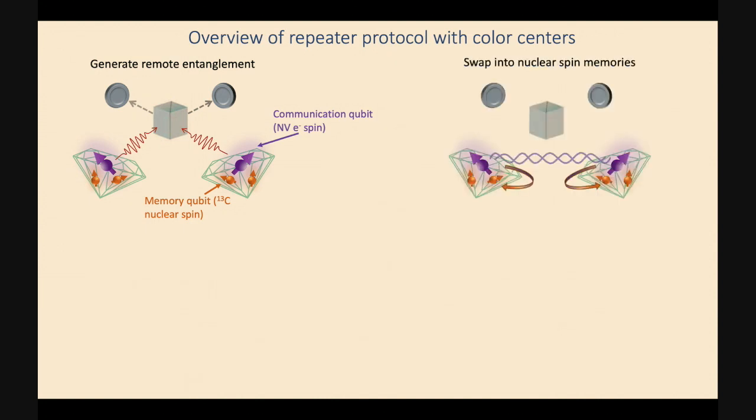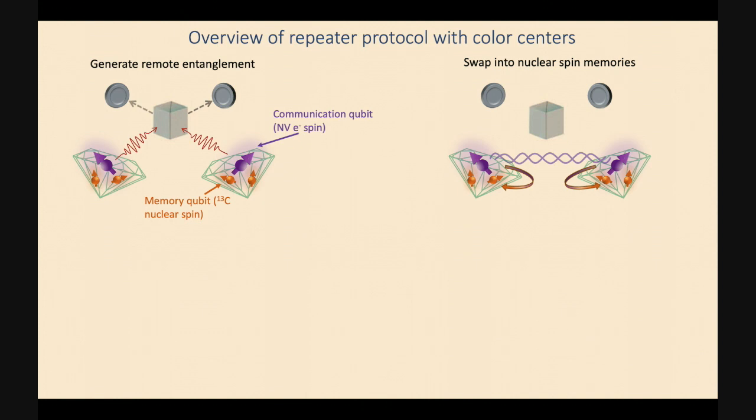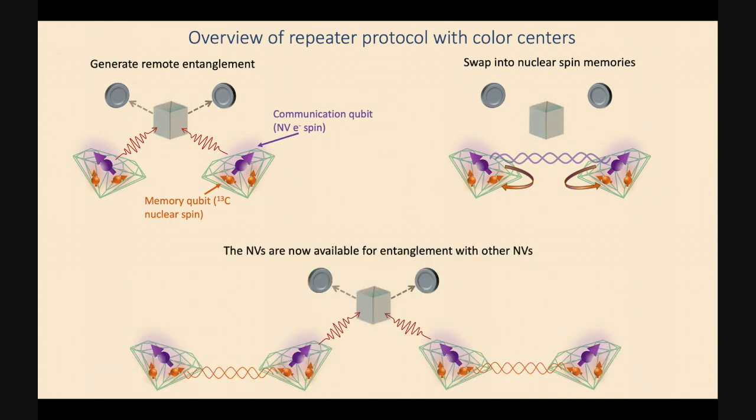But if it succeeds, then you transfer the quantum state from this optically active system, this NV center qubit, which is in purple, somehow, let's not worry about how yet, to a nuclear spin, one of the nuclear spins that's nearby. When you do that, you get this orange connection shown here between two nuclear spins in different diamonds. And now the NV center spin, the electronic spin, is free.